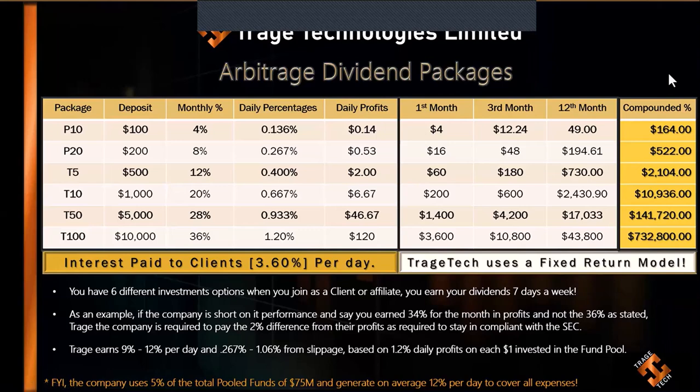So they're always going to make 1.2%. So if someone comes in at the P10 level, they're only obligated to pay this person 0.136. If you subtract 0.136 from 1.20, that's the spread. Trage keeps that. That's how they make money, and that's why this is sustainable long term. You get it?